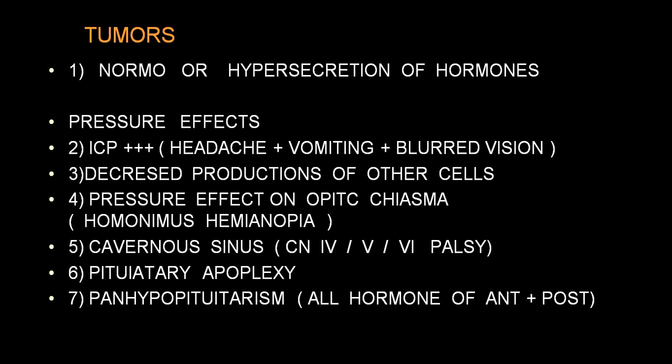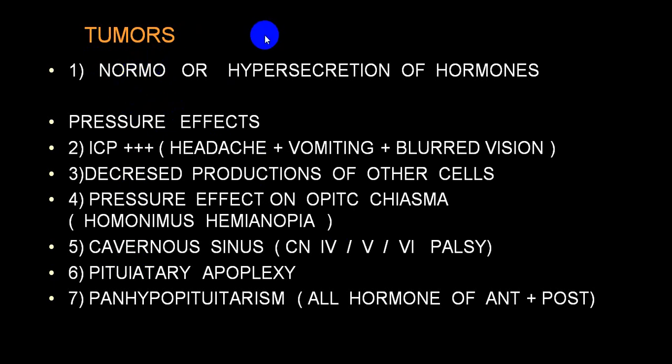So these are the effects you will come across in pituitary tumors. If time permits, we'll discuss pituitary tumors separately. As such, almost the major part of pituitary tumors is discussed here. If it is a non-secreting tumor, it will be normal. But because of compression, it will have decreased production and then it will give rise to hypo.